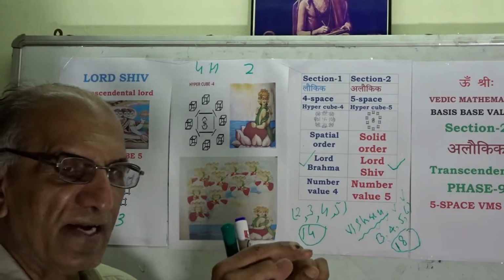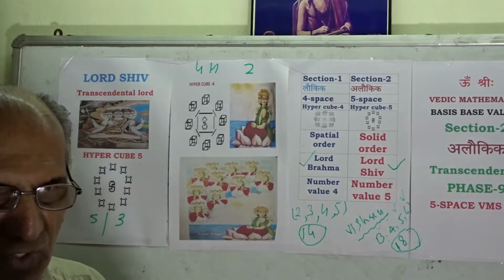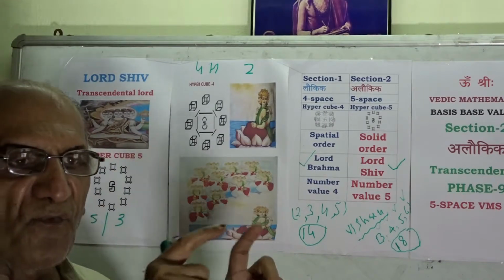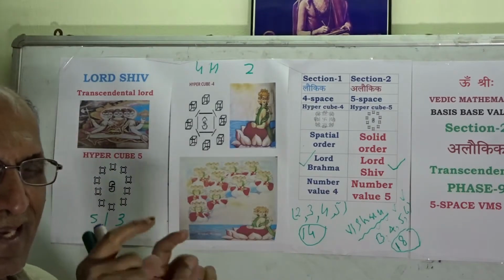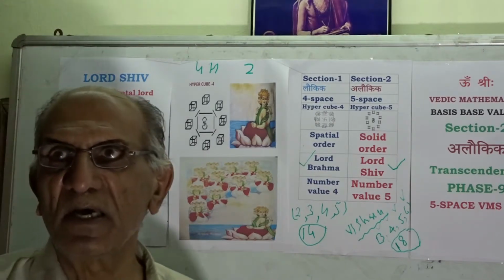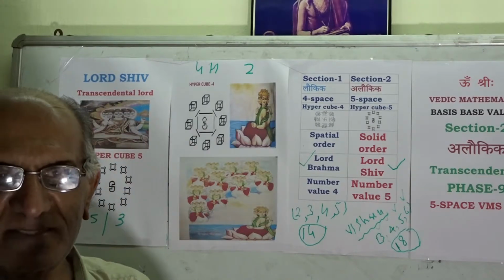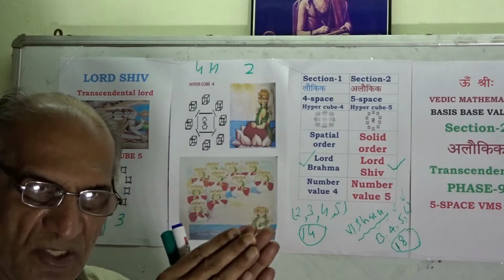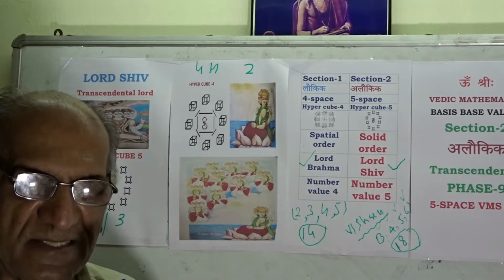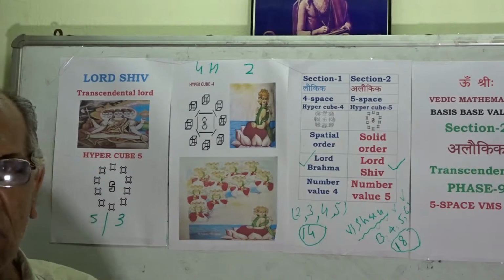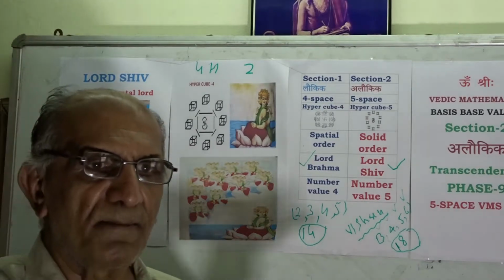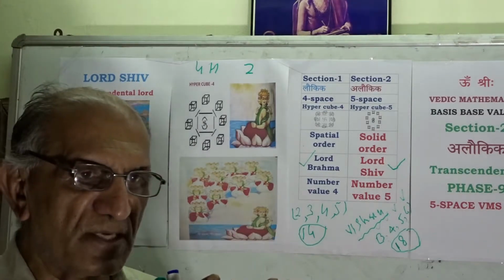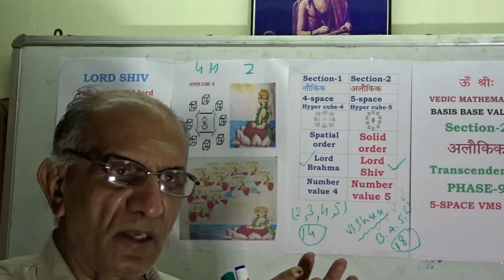Therefore, the 5 heads of Lord Shiva's idol are parallel to the format, features and values of 5 dimensions. Each head of Lord Shiva is equipped with triple eyes. Therefore, each dimension in fact is a solid dimension. Triple eyes are parallel to a solid order, so 3 space in the role of dimension.